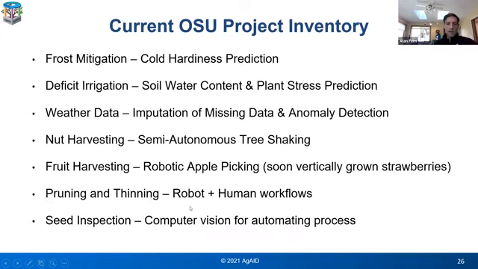Pruning and thinning. This is a big problem, and I'll show you an example of this in a moment. And then seed inspection is another problem that we just started getting involved in. And this is using computer vision to help or even replace people who have to sit there with microscopes and watch thousands of seeds go by, looking for ones that don't belong, because when you're buying seed, it has to have a certain purity level.